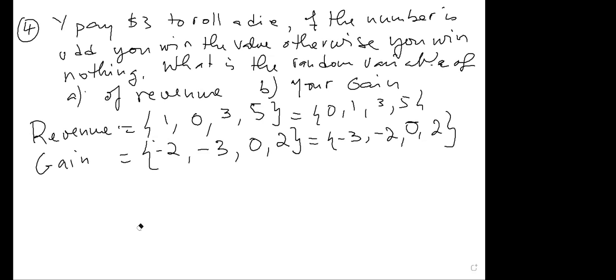And what is the probability of rolling an even number? It is 1/2, because there are 3 even numbers out of 6 when you roll a die. The probability of losing $3 is the same as the probability of getting a $0 revenue, because you pay $3. Sometimes I can ask you what amount of money you should pay so that you can win a certain amount, and you might be doing some equation. We are not going to do that. I'm just explaining what random variables are about.